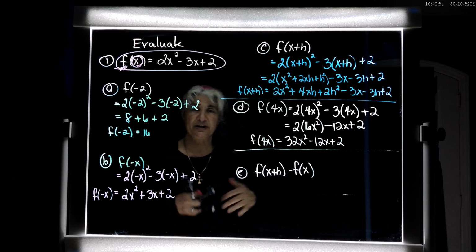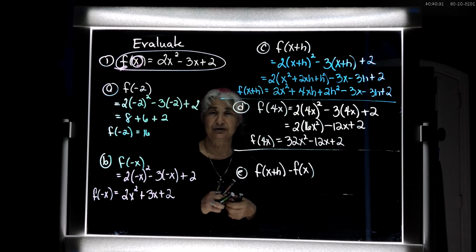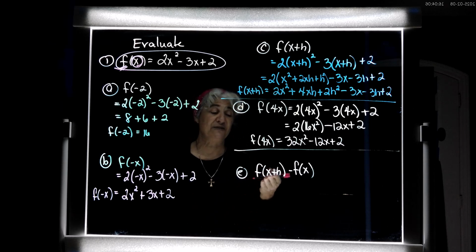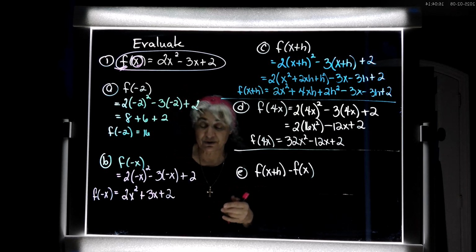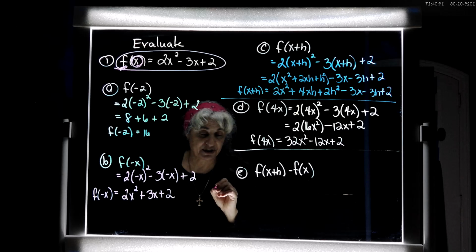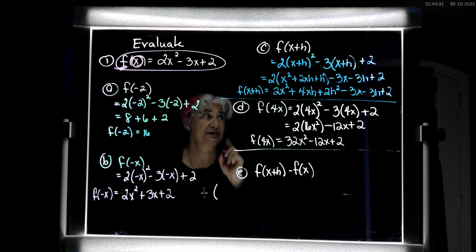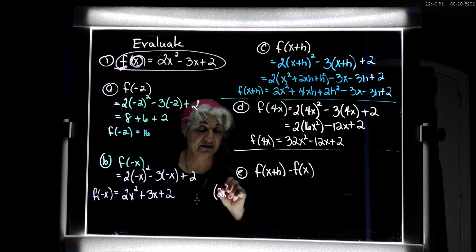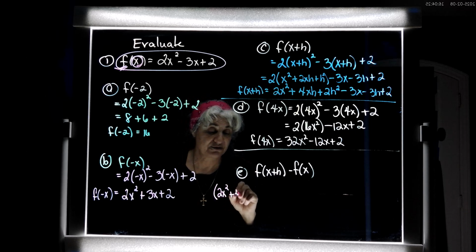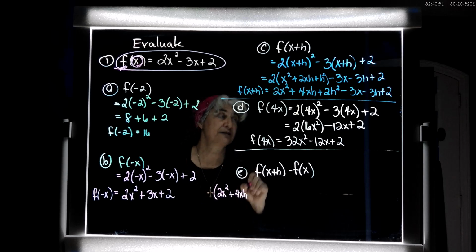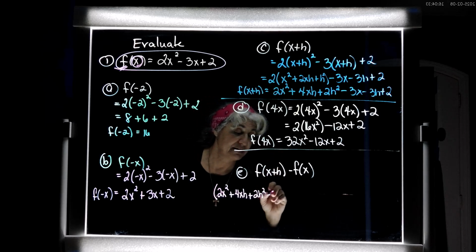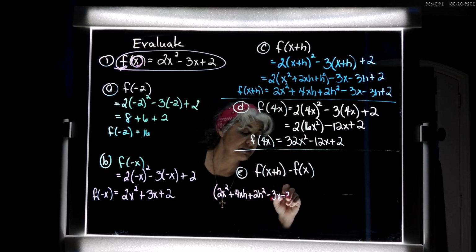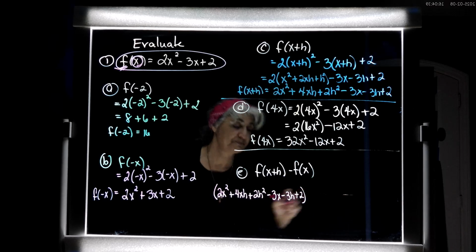Remember what I mentioned. This is a prelude to the difference quotient. So let's take a look at it. First, I need to know what f of x plus h is. Well, gratefully, letter C gave me that, didn't it? And that is rather long. So I'm going to kind of start it over here. I'm going to keep it in parentheses. So we have 2x squared plus 4xh plus 2h squared minus 3x minus 3h plus 2.